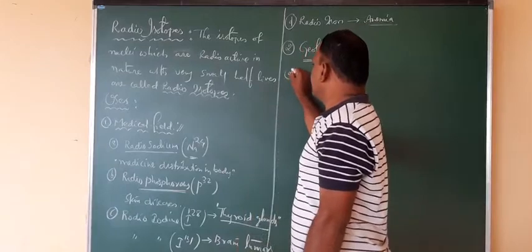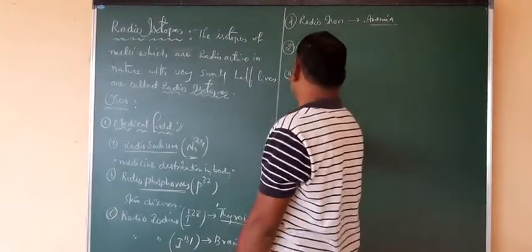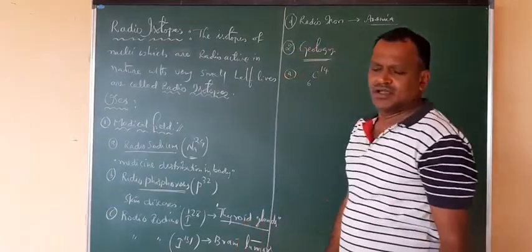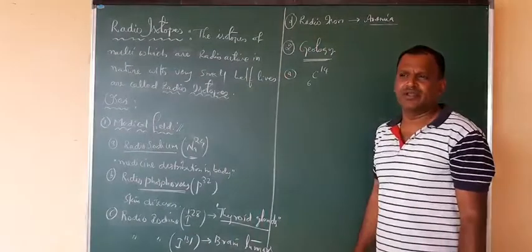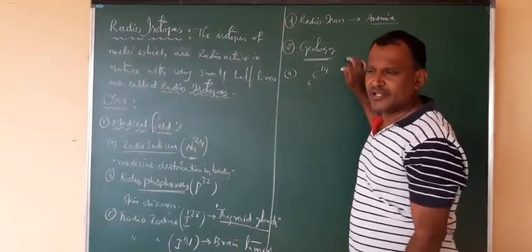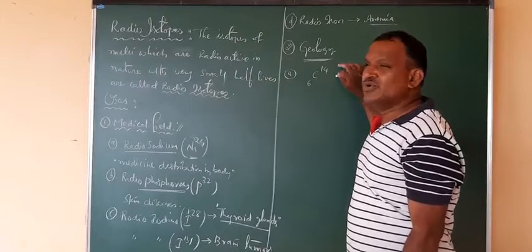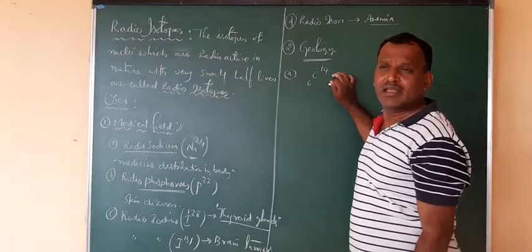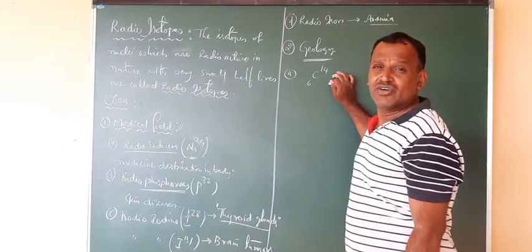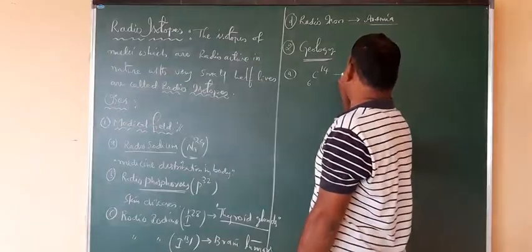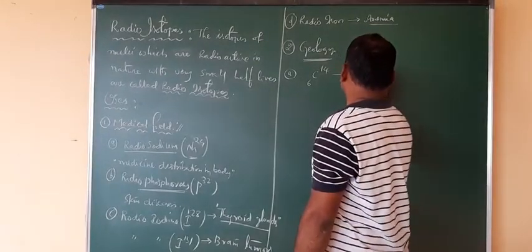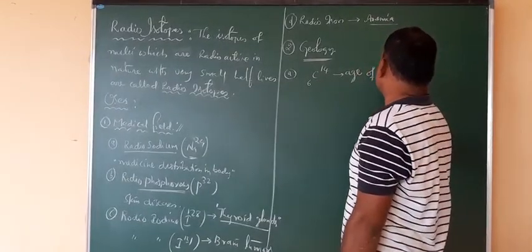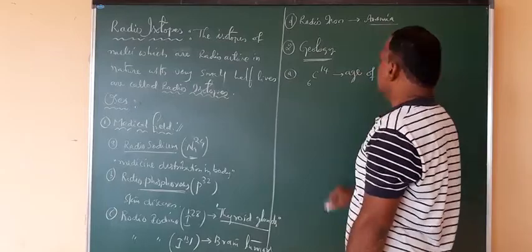Here we have carbon isotope carbon-14, a radioisotope of carbon, called radiocarbon, which is used in carbon-14 dating, as you might have heard. In geology, using this radiocarbon, the age of fossils can be determined.